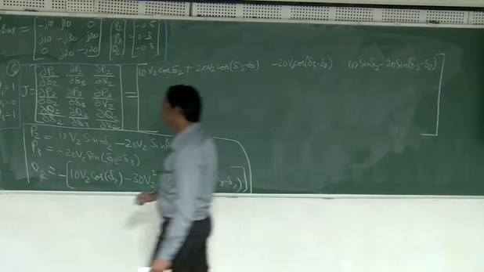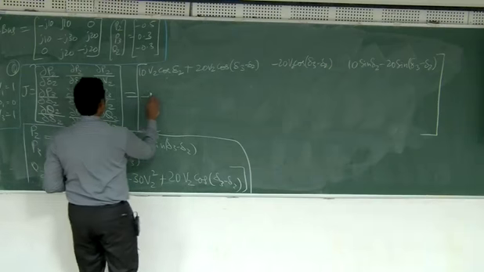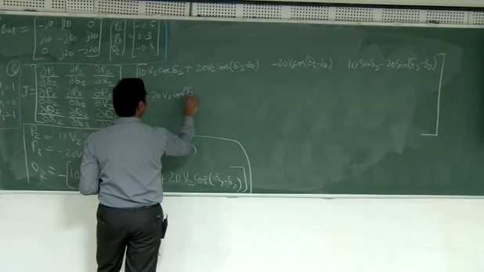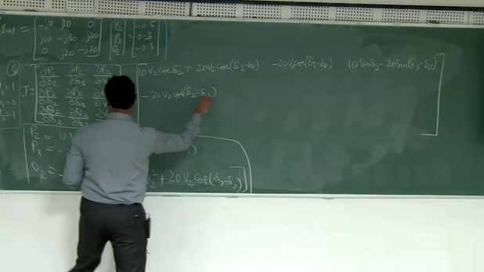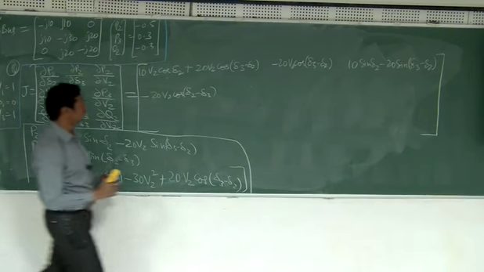So this is my first row. What is the second row? Differentiate this with delta 2. Just the same thing with cos, no change. So minus 20 V2 cos of delta 2 minus delta 3. Next one is differentiate with delta 3. Same thing, just with the sign change.